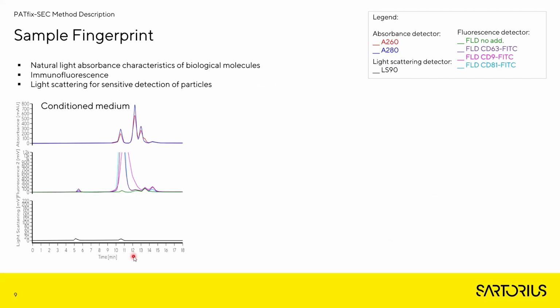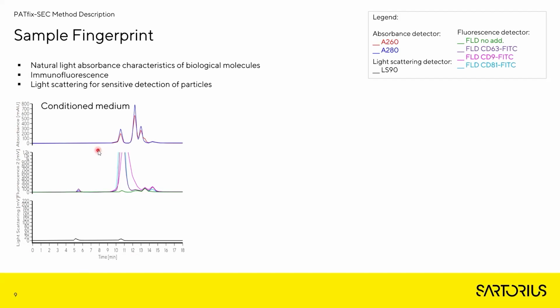So if we have a look at the general sample fingerprint, the chromatogram would be compiled from different signals: absorbance, fluorescence, and light scattering. Just visual evaluation of such chromatogram already tells us a lot about the sample.